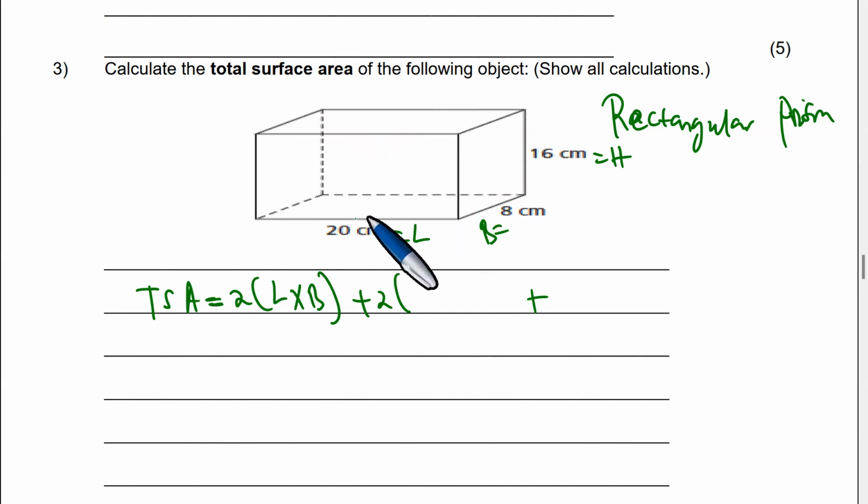Then we also have length by the height, 2 times. Then you also have twice into breadth by the height.